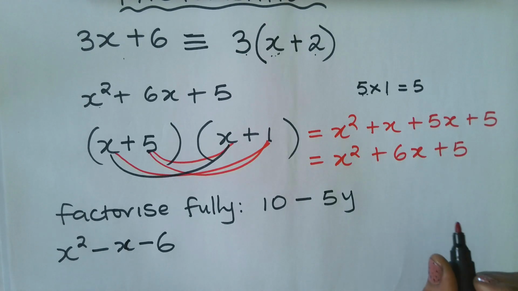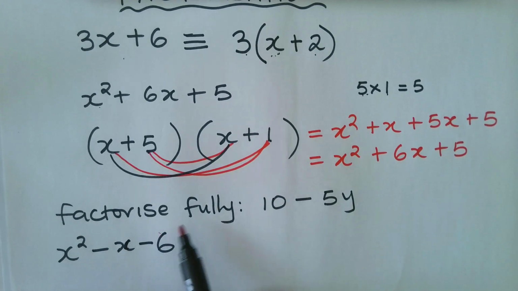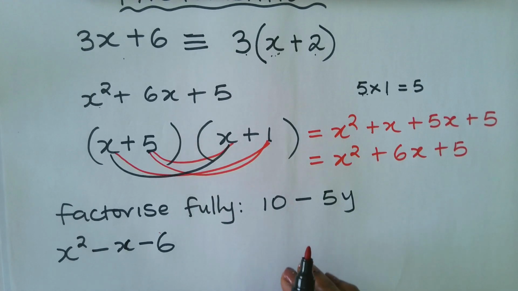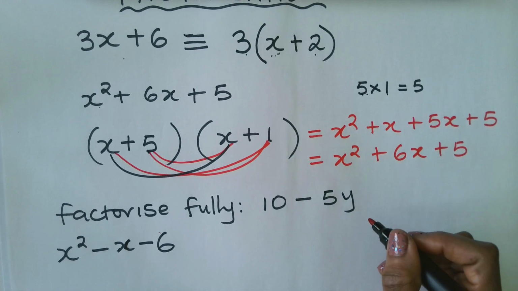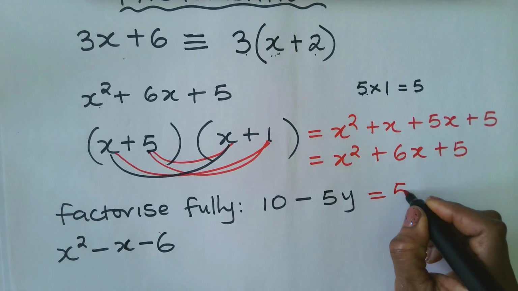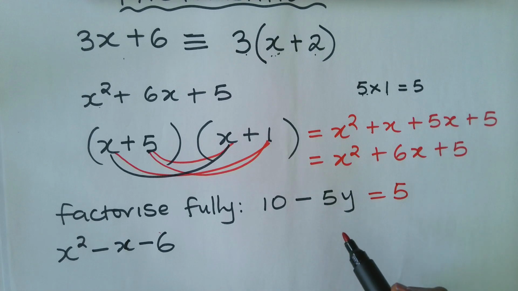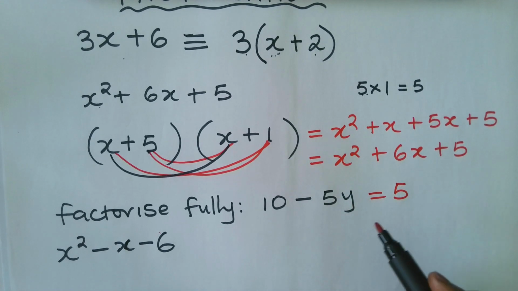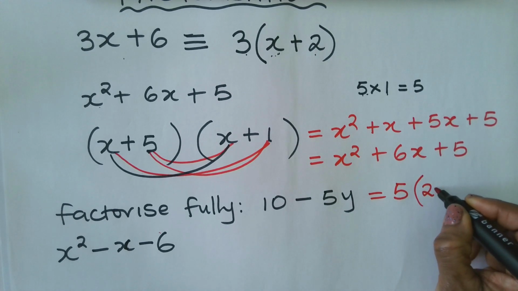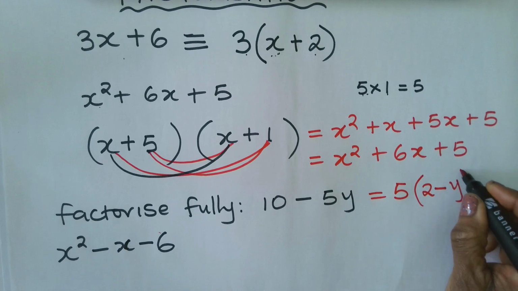If the question says factorize fully, we find the highest common factor of 10 and 5, which is 5. Therefore we can divide the original expression by 5, which means the bracket must contain 2 minus y.